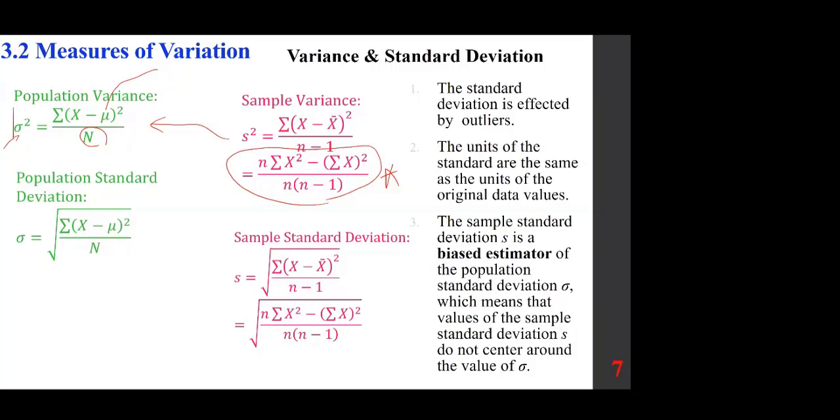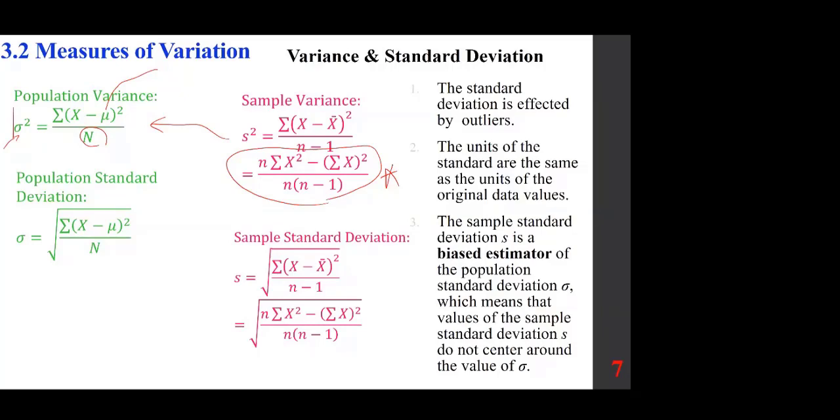Again, you calculate the variance, you take a root, and it becomes a standard deviation in both cases. So you calculate the sample variance or the population variance, you take a root, and it becomes the standard deviation. In other words, you really don't have to do the calculation two times. One is simply the root of the other one. Or if you're given the standard deviation, you can square it and get the variance.